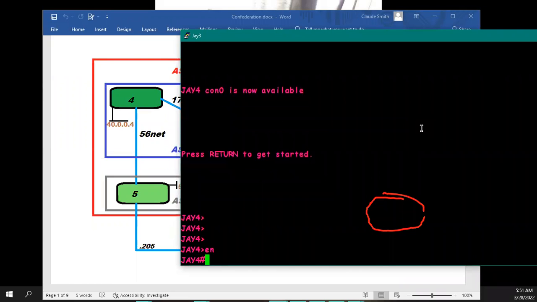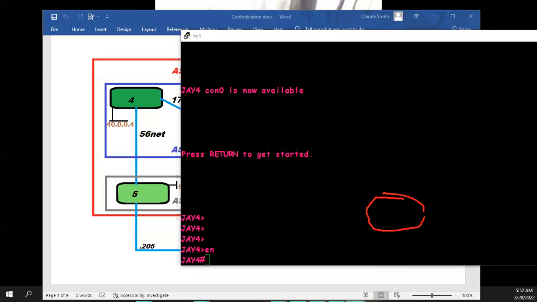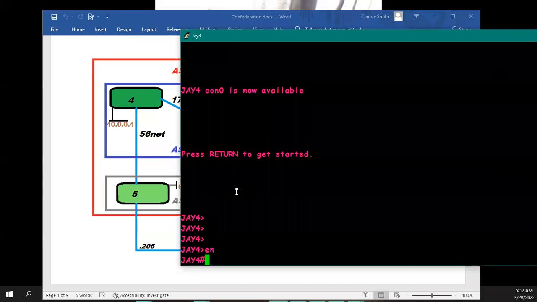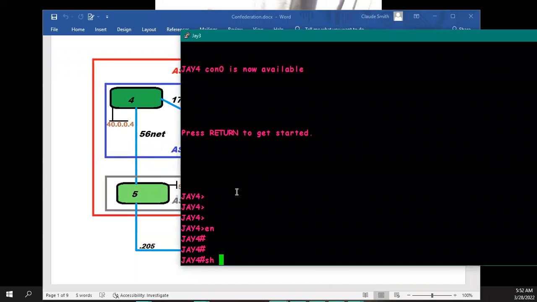What you will see is show run, include, section BGP.